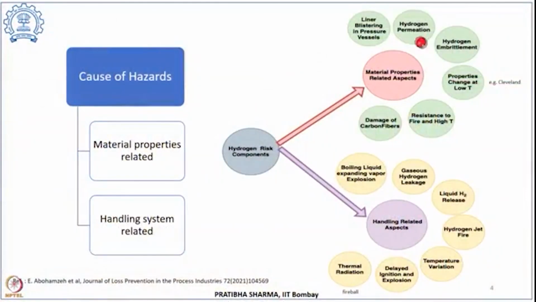Now, let us see what are the different issues related to hydrogen hazards. The hazardous issues could be broadly classified into two classes, which could arise either because of material property related issues or because of hydrogen handling related issues. The hazards which lead to different accidents can be evaluated either through experimental techniques or through computational techniques.